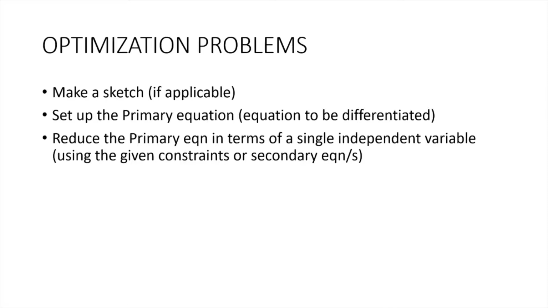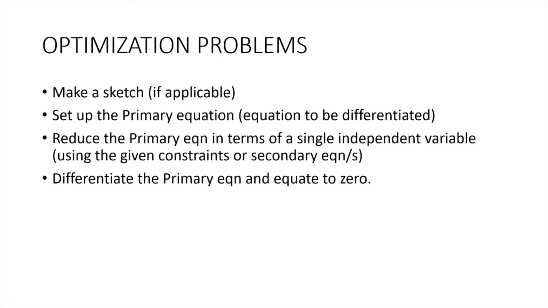After that, we can differentiate the resulting equation and equate it to 0. This is done in order to find the critical values of the equation, which are either a maximum or a minimum value. Lastly, we can check if the critical values are a maximum or a minimum using the first derivative test or the second derivative test.